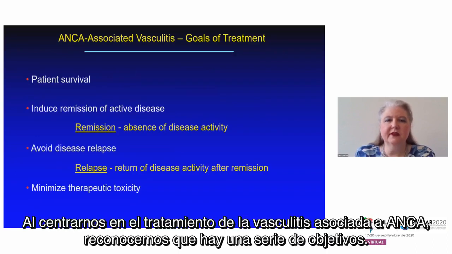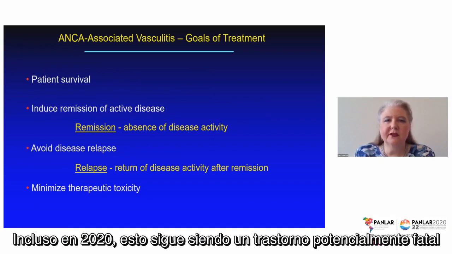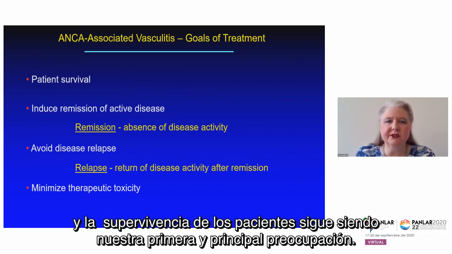As we focus on the treatment of ANCA-associated vasculitis, we recognize that there are a number of goals. Even in 2020, this remains a potentially fatal disorder, and protection of patient survival remains our first and foremost concern.